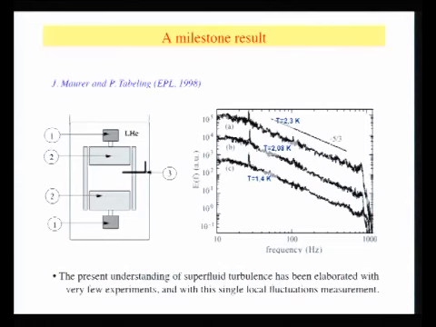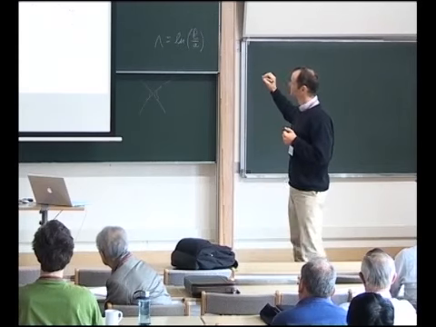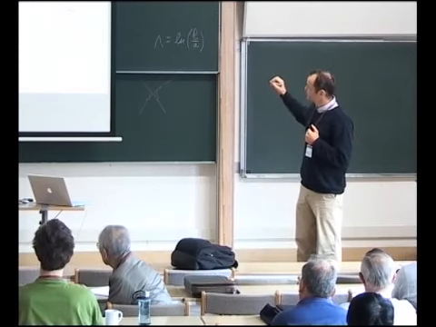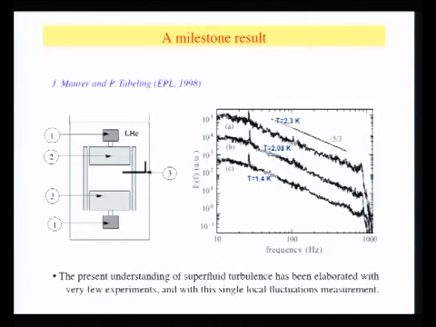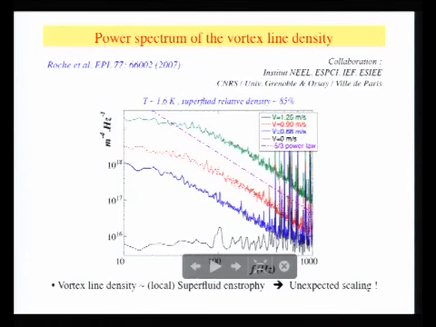This theory is based upon very few results and only one measurement of a local fluctuation in space and time in a fluid. It was a liquid helium von Karman flow. Above the superfluid transition, the velocity spectrum, plotted here, exhibits scaling compatible with the Kolmogorov power law, and below the superfluid transition it stays the same.